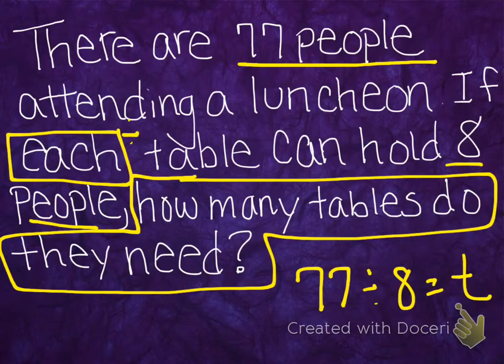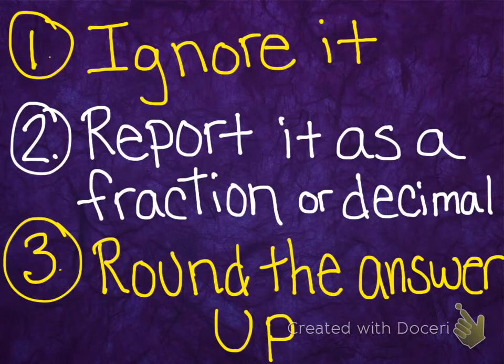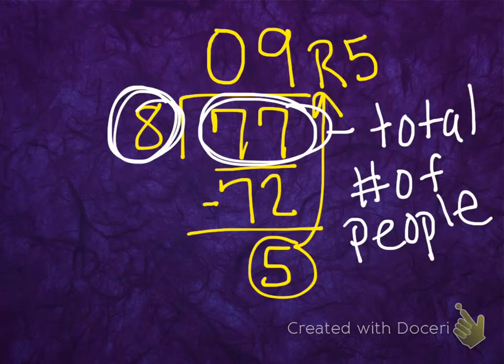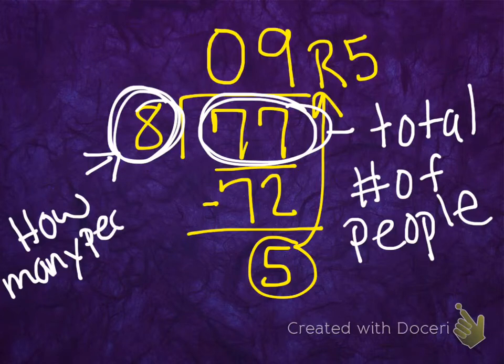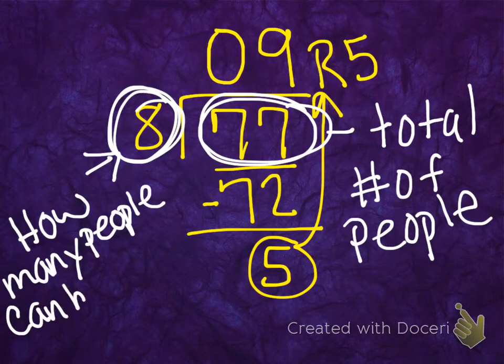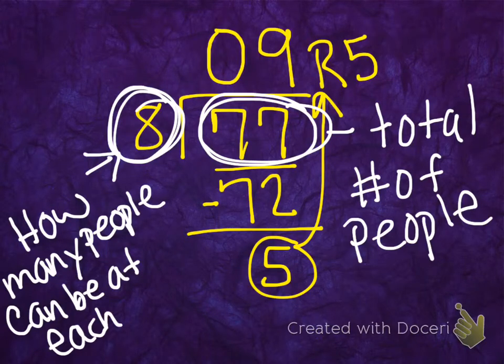It says 8 people at each table. So, we're going to come back to our problem, and we're going to say that that 8 is talking about how many people can be at each table.